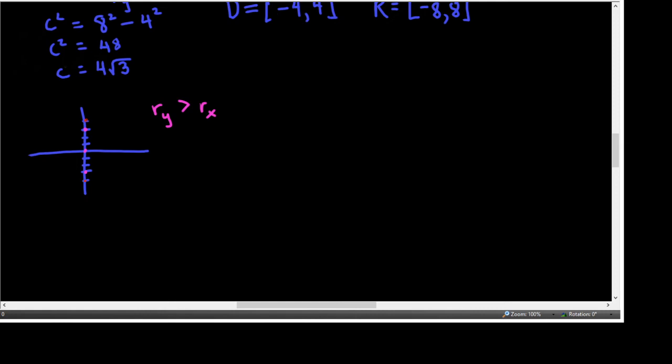So that implies that our r sub y is 4. It's kind of like those questions you had as a kid where they tricked you and gave you the diameter, but the formula used radius, so you had to remember to divide by 2. So when they give you the major axis length, the radius is half of that, so make sure that you don't forget to divide by 2.